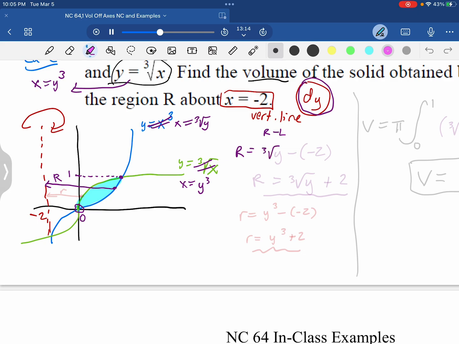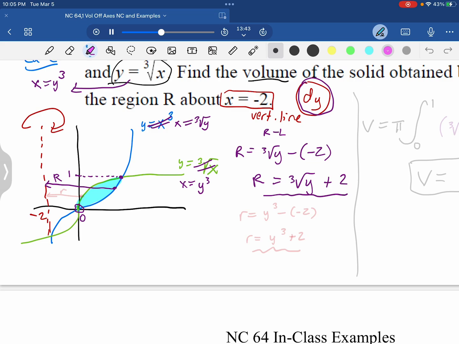So my big R is going to be the blue graph rearranged: cube root of y minus the axis, which is -2. Because the axis is a negative number, instead of doing minus minus 2, I can just rewrite that as cube root of y plus 2. So that's my big R. Now my little r is going to be the distance from the axis to the graph that's closer, which is the green one.